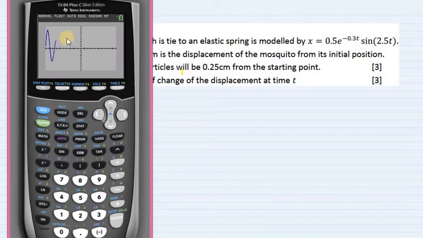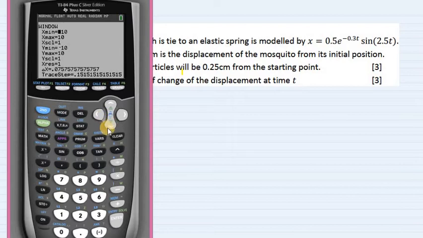See, we got the movement of the spring. Okay, wait, this is still thinking. Okay, we got the line. As you can see, our graph is too big. Let's change the window.